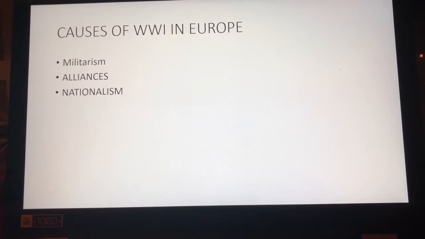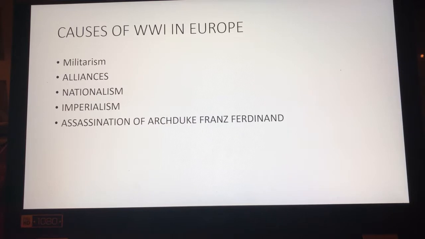We saw the birth of nationalism. Nations started to form on cultural, religious, and ethnic bases, with extreme pride in one's country. We also saw imperialism, in reference back to Africa. And then the real spark that set World War I into motion, the catalyst, was the assassination of Archduke Franz Ferdinand.